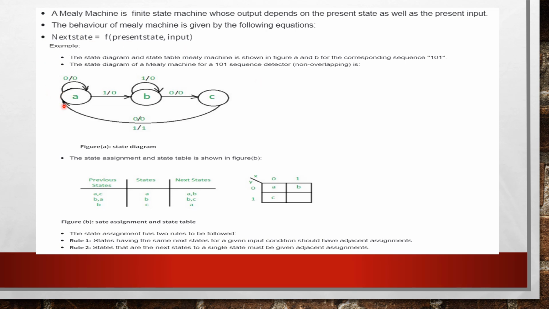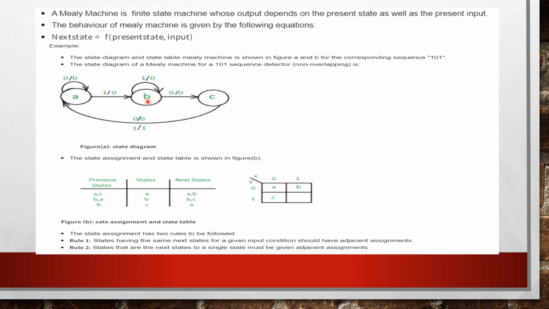So here they have given a state diagram. In the state diagram, you can see A, B, C. Here from this state, when the input is 0, it goes to the same state, and the output is 0. As per the diagram, from the state A, it goes to the state B when the input is 1 and the corresponding output at that point is 0.